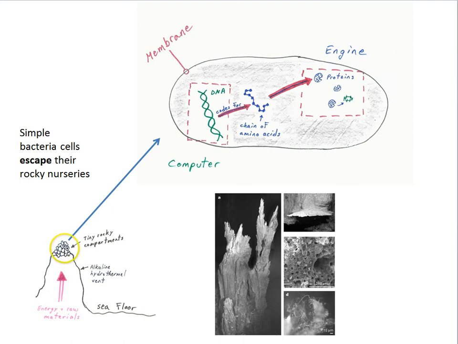Simple proteins had been made. Perhaps a genetic molecule like RNA was synthesized, or DNA after that. And that this little structure was released into the ocean, into the environment. This would have been the birth of Luca, the last universal common ancestor, originating out of its rocky nursery here, to float off into the ocean, absorbing nutrients from the ocean, but setting the stage for the future evolution of all life on Earth.